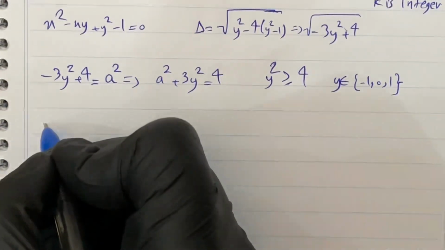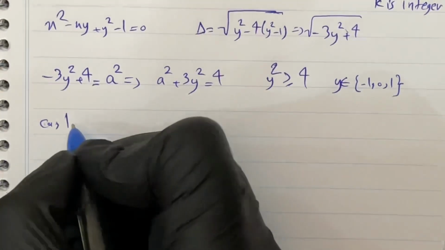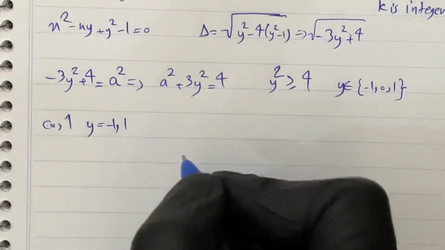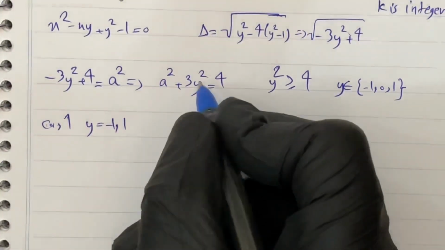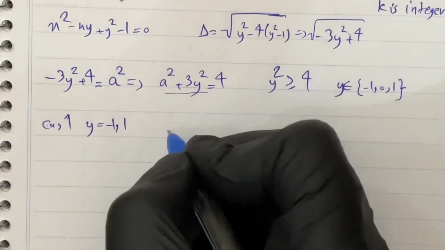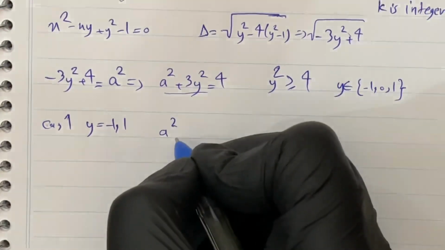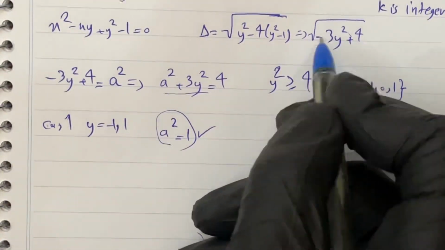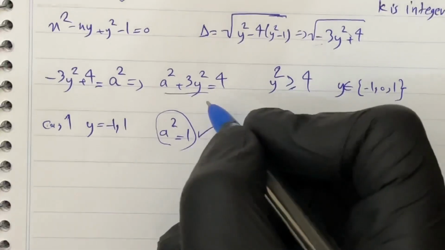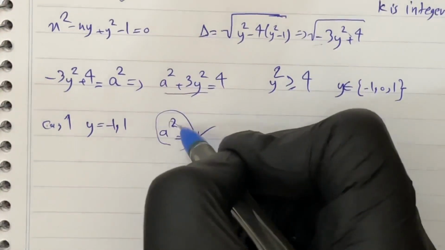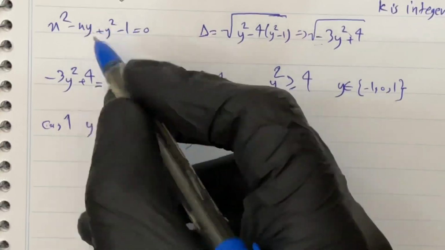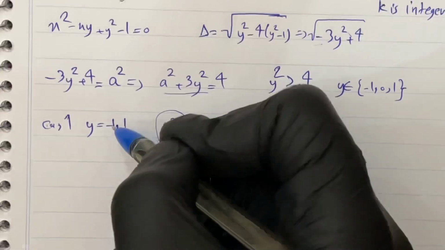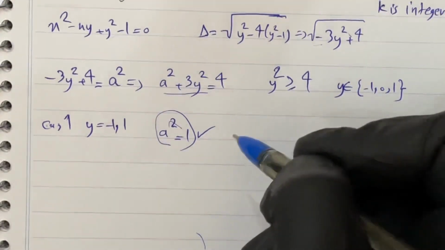First, let's check for y equals negative 1 or 1. For this, a² equals 1, and this is correct. You can simplify the radical and put this in the discriminant and solve for x, but I'll just substitute the y values here and find the x values.